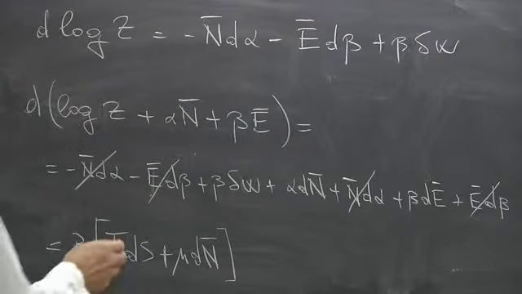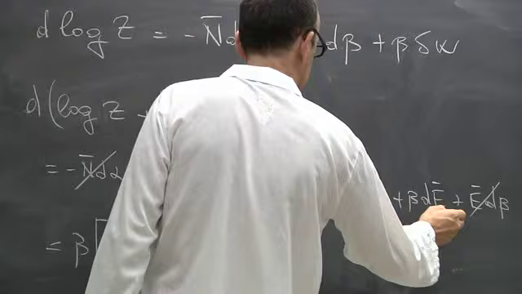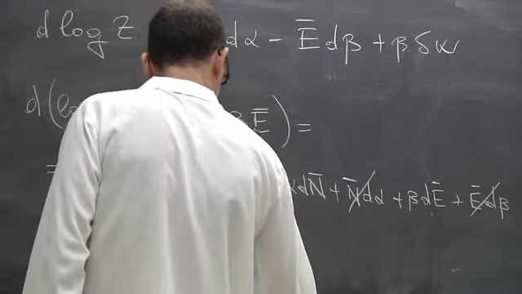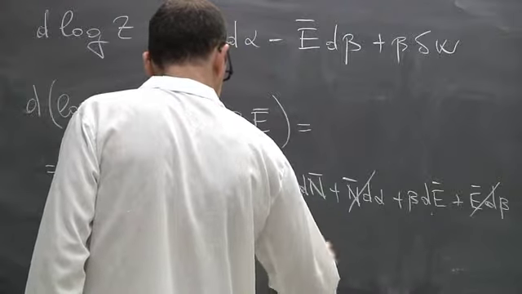And so this is this and this, and what I'm left with is just this alpha times dN.